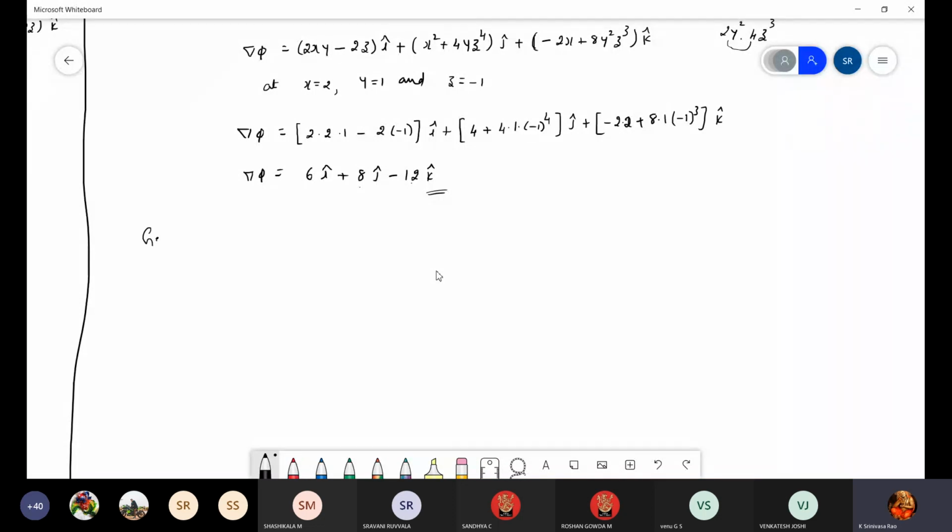Geometrical meaning of grad phi or del phi. Both are same. That's why I'm writing in word form as well as in symbolic form. Okay.